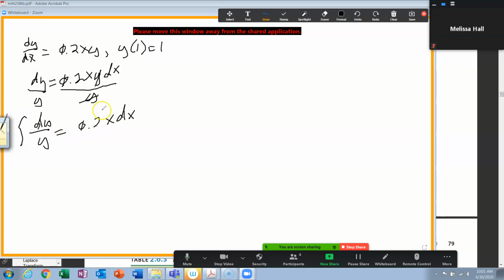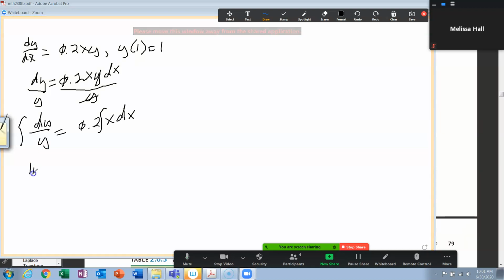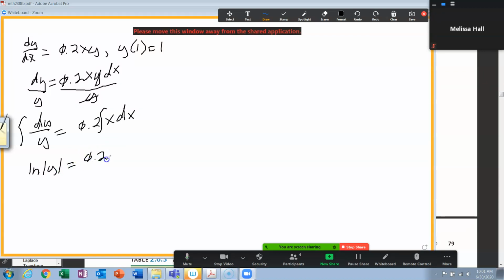Integrate both sides. Okay, I'll put my 0.2 outside. What is the antiderivative of dy over y? Natural log of absolute value y. This will be 0.2, and the antiderivative of x dx is just x squared over 2.